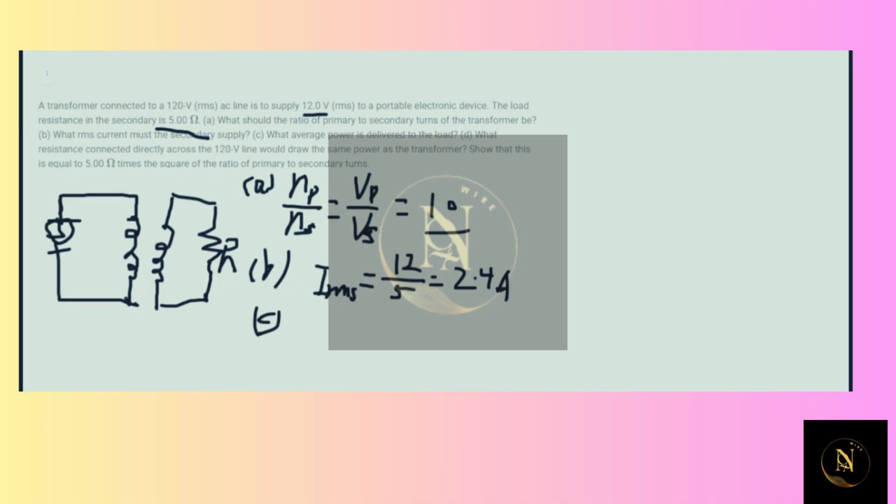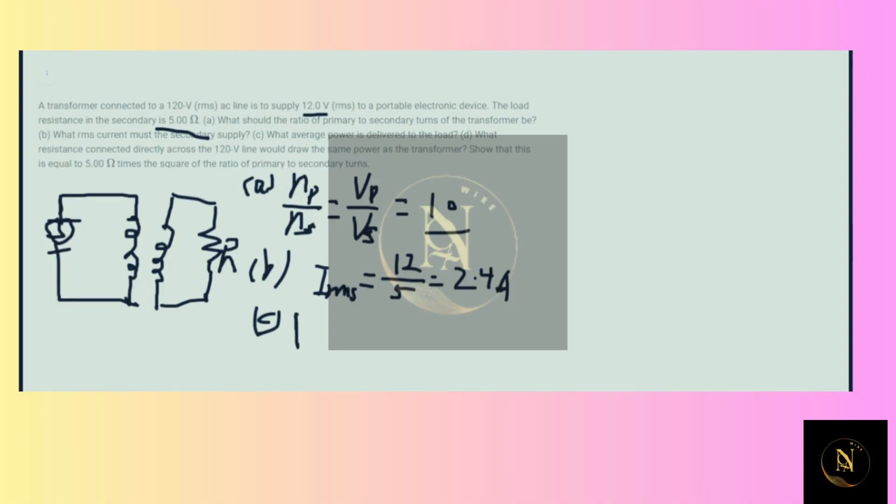Okay. And for part C, we want to find out the average power delivered in the load, that is delivered in the secondary circuit. So we already found out the RMS current in the secondary circuit, and we also know the power supply in the secondary circuit, that is 12.